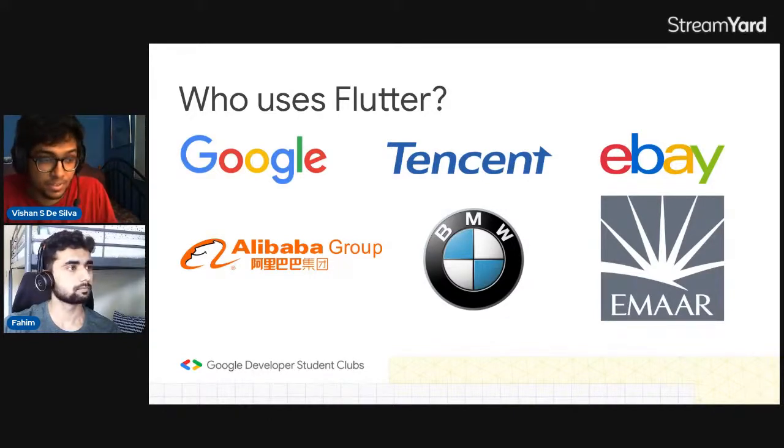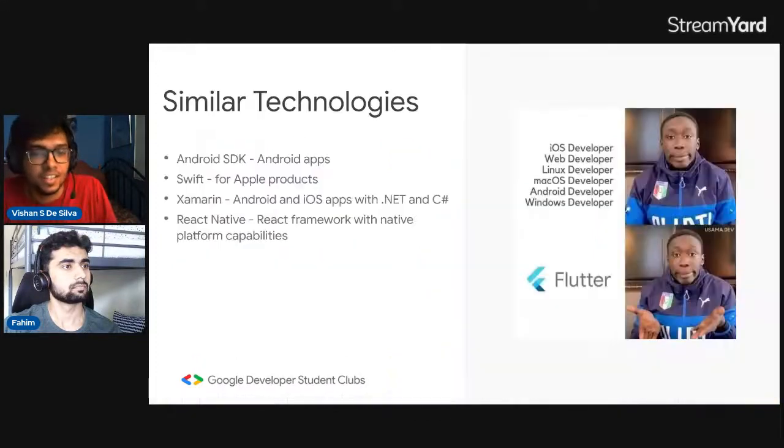The Alibaba Group, a Chinese e-commerce company, they also implemented, I think it's an app that you can use to sell second-hand items in China. Then BMW used it for the My BMW app, so it's a way to interact with your car. And Emaar, the Emirati property company, they use it, so it's like a property app that you can view on your mobile devices.